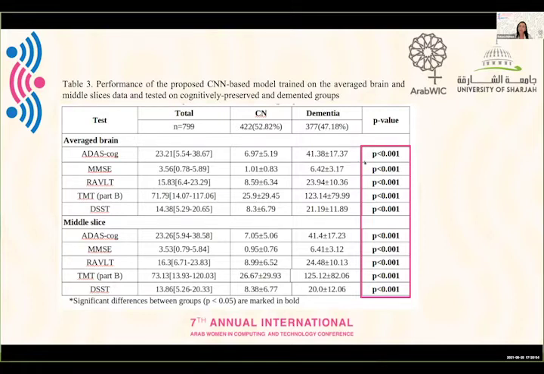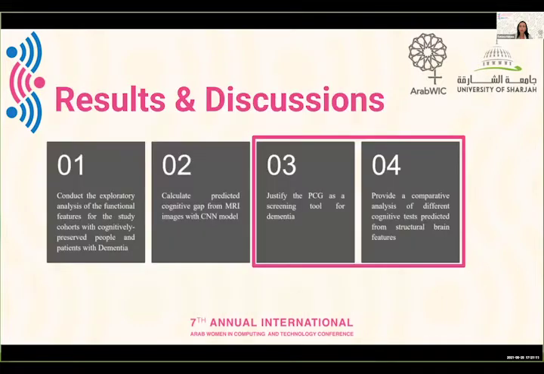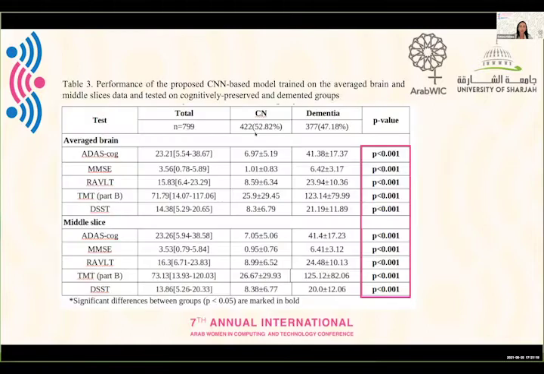We can see that there are significant differences between our cognitively normal and demented groups in terms of the results of our designed regression model. And finally, we needed to calculate the predicted cognitive gap and justify that we can use it as a screening tool, because the final diagnosis is still not here. Here were only the results of a test, which are not very informative.